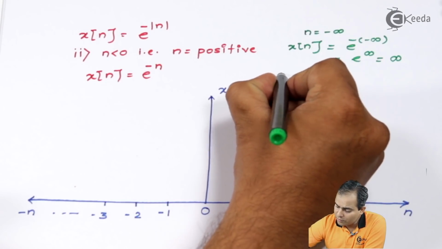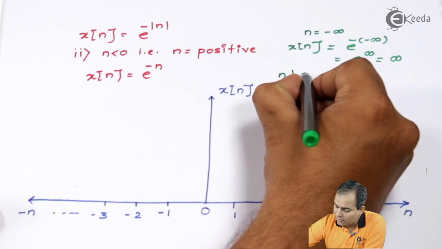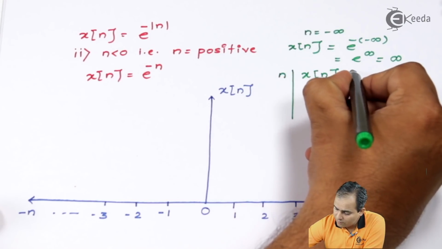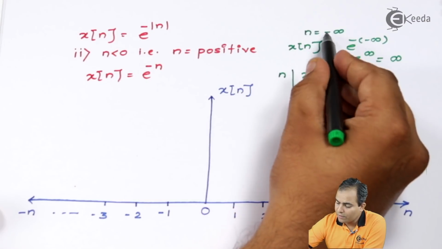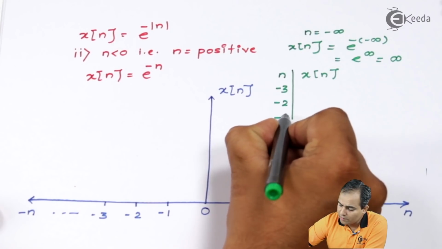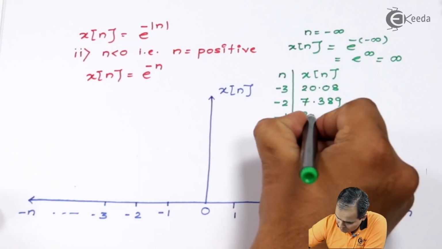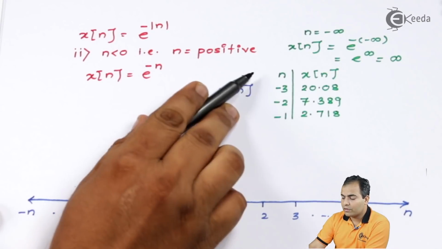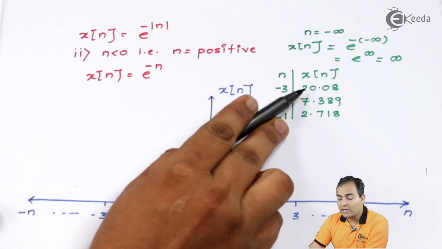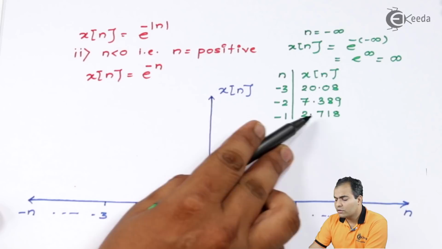So here I'm going to write x of n. I'll make some columns, and let's say this one is for x of n. For n equals minus infinity we have calculated already. So for minus 3, minus 2, and minus 1, what are the amplitudes? We'll see. For negative values, what will I get? For minus 3, the amplitude is highest. For minus 2, the amplitude is 7, and for minus 1, the amplitude is 2.78.